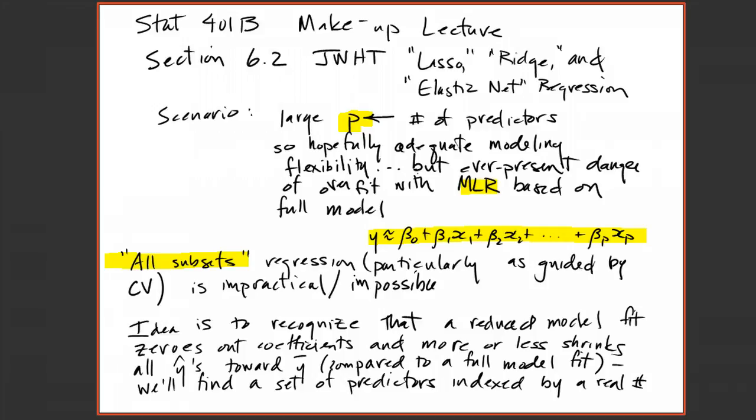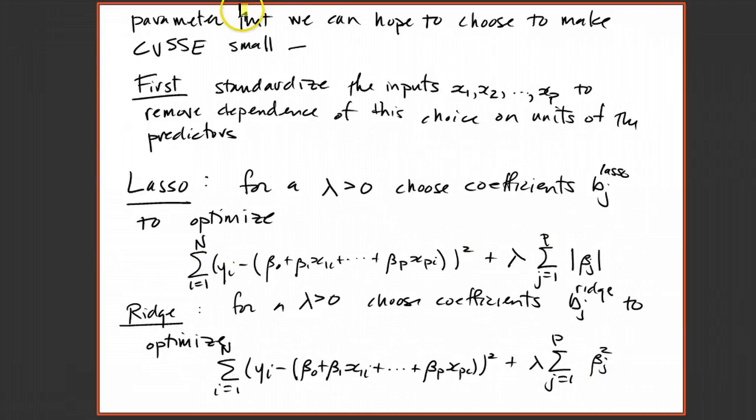So what we're going to try to do is to find predictors, find models, maybe I should have said not a set of predictors, but a model indexed by a real number parameter that we can hope to choose in order to make the cross-validation error sum of squares small.